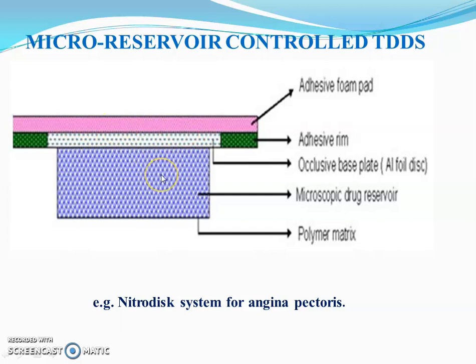Thus, such type of drug delivery systems can be prepared by means of micro reservoir controlled transdermal drug delivery system. An example of such system is called Nitro-Disc, and this Nitro-Disc can be used in the treatment of angina pectoris.